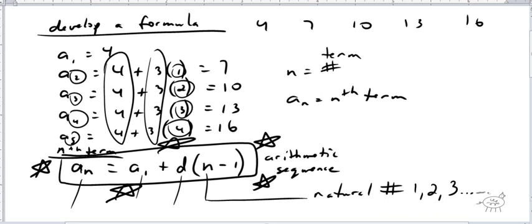It's either the first term, the second. You can't have the 1.6th term, right? It's always going to be an integer from 1 and greater. Basically, I can ask you to find any variable in this. I would give you enough information, and I can say find any of the variables.